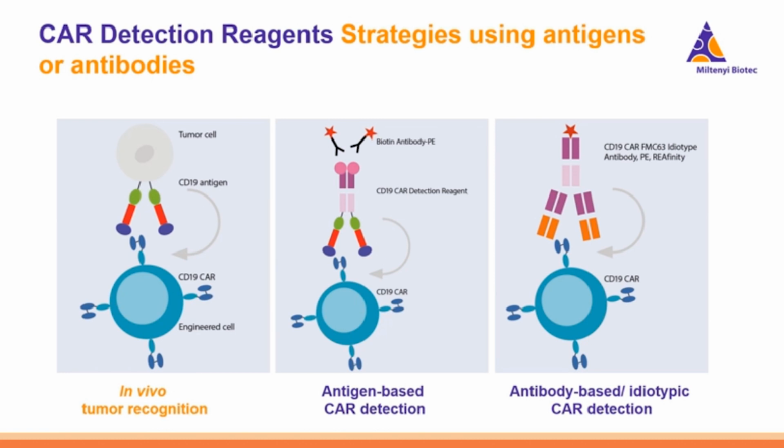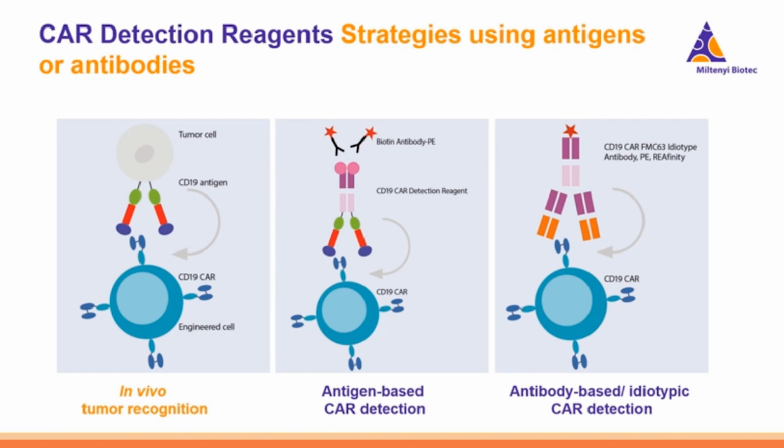The target protein is bound by the CAR receptor and can be readily identified using fluorochrome-labeled anti-biotin antibodies. This approach multiplies the signal and increases assay sensitivity compared to fluorochrome-labeled proteins. The features of antigen-based CAR detection reagents are a broad specificity and they are highly sensitive.